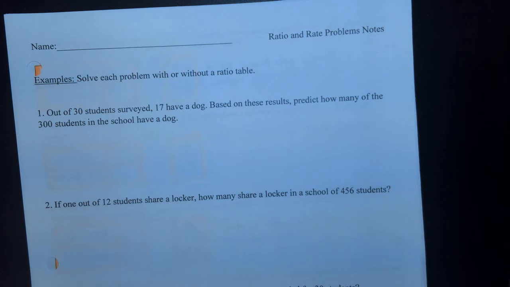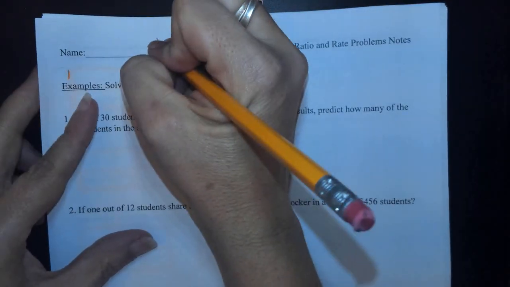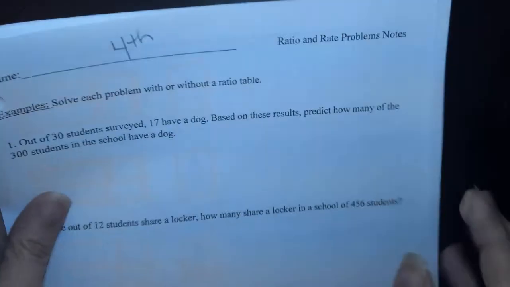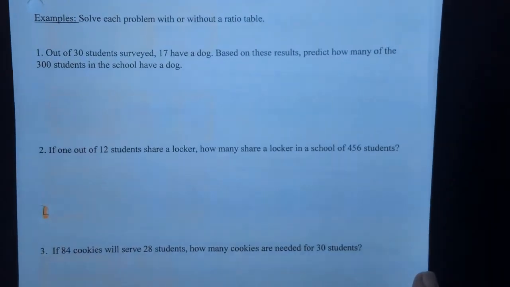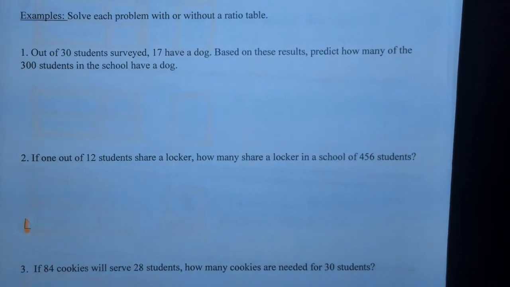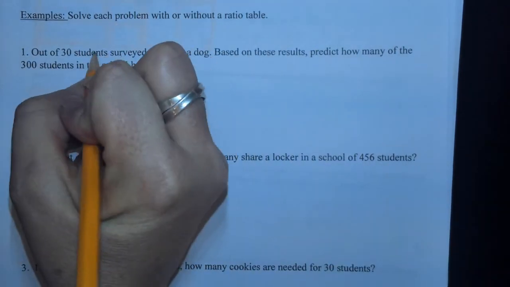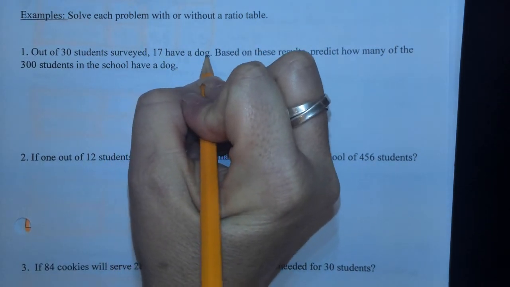Now, here we go. So, starting out, these are the notes. First, you are wanting to just pick out what is important, what is not. So, on number 1 here, out of 30 students surveyed, 17 have a dog.